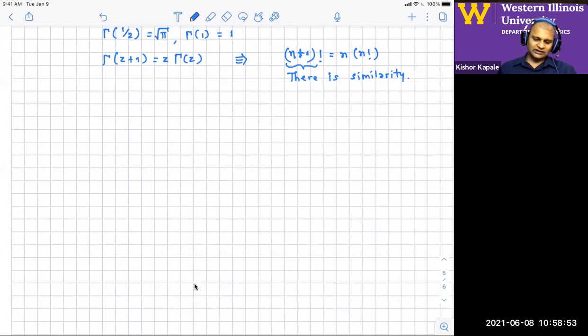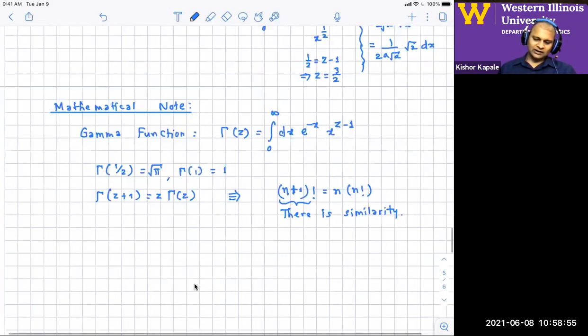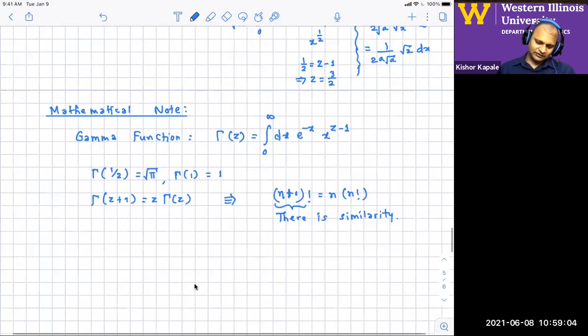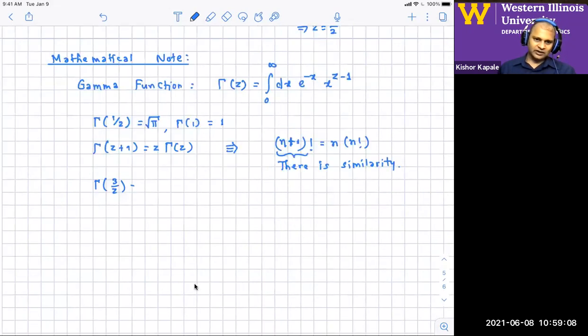So with this, you can essentially directly substitute the values of these integrals with the help of the gamma function. Like I said here, z is equal to 3/2. So we basically need gamma of 3/2, which is going to be equal to 1/2 times gamma of half, right?